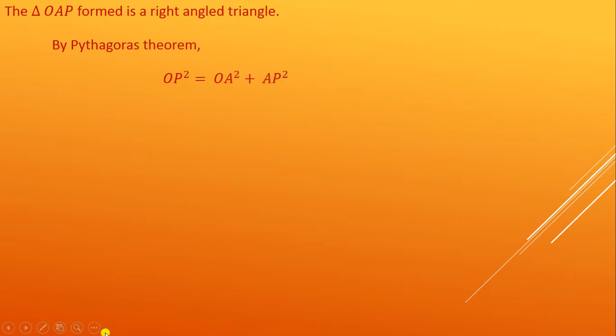Putting the values, OP square is equal to 1 square plus 1 square, that is 1 plus 1, which is 2. That is, OP square is equal to 2. Therefore, taking square roots of both sides, OP is equal to square root of 2.